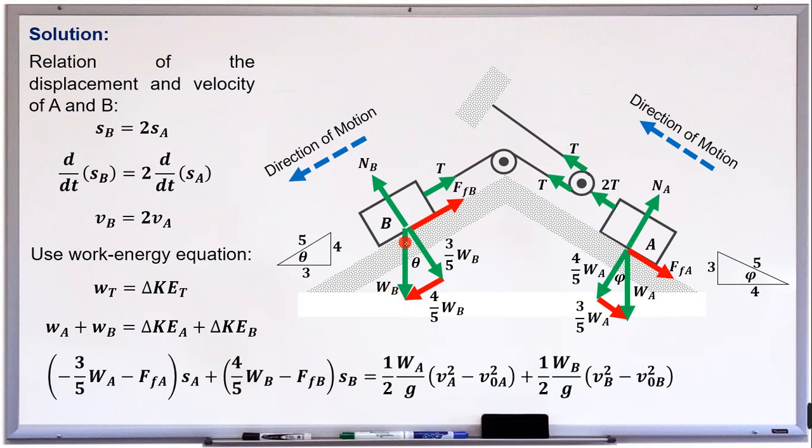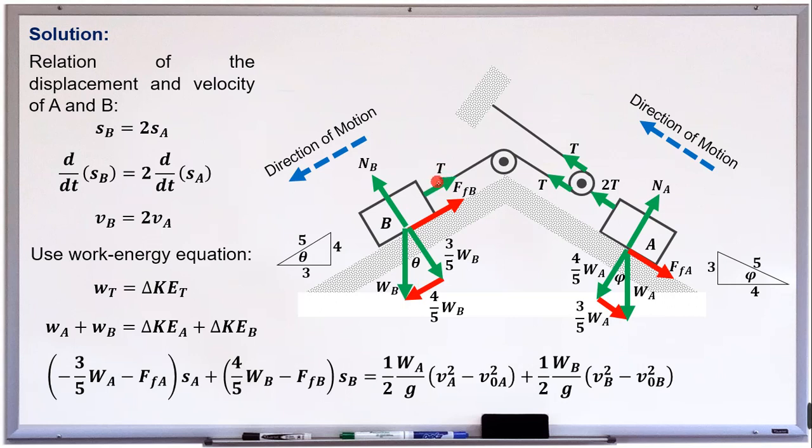If you have a force that is not perpendicular, that is inclined at a given angle, for this case angle theta, you should find its components in order to know which component produces work. In this case, the parallel component of the weight of block B produces work.